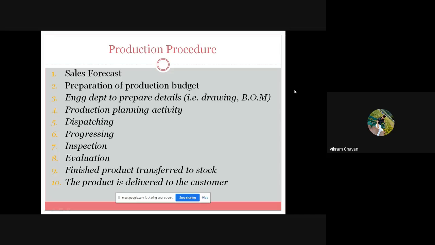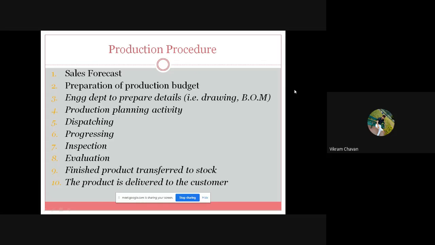One can say that only the job shop type of a production system will use all the functions of production planning and controlling. Remember this point.